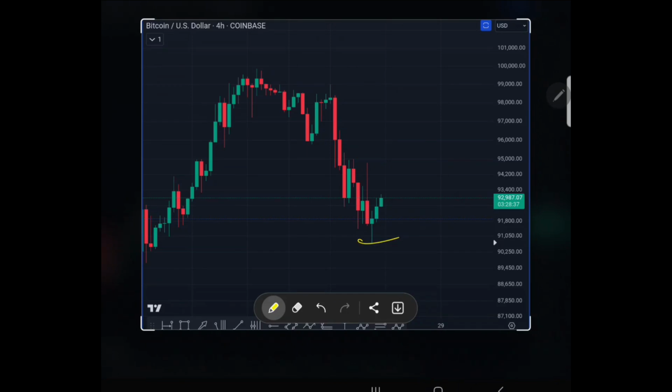But currently I'm playing the 382 bounce and looking for a higher high on the 4-hour, buy the higher low, and push up to take profit at these liquidities up here, and potentially break that 100,000 from this posture.